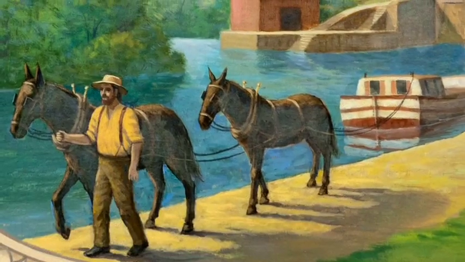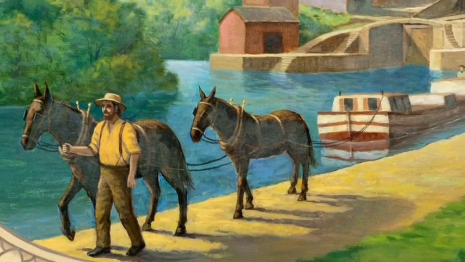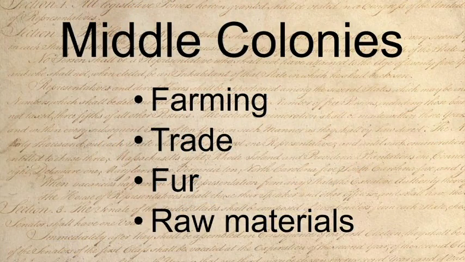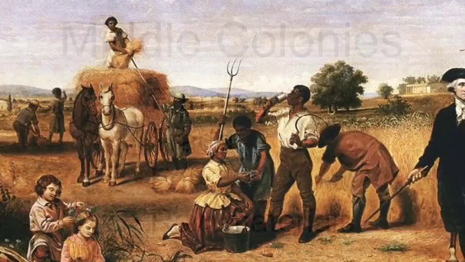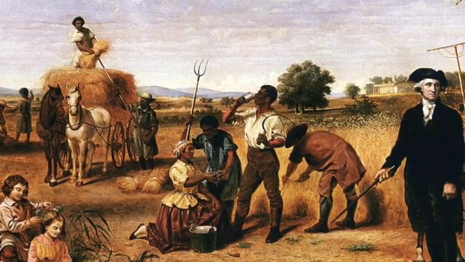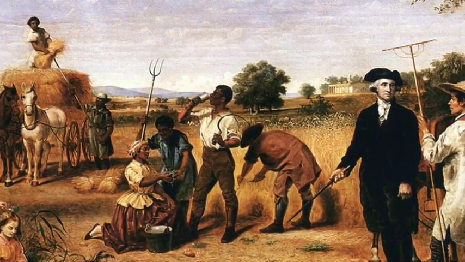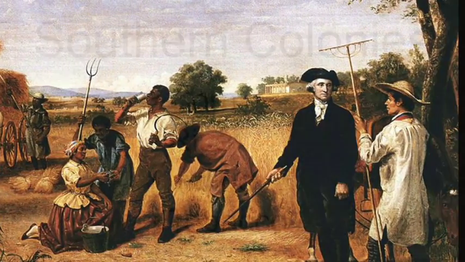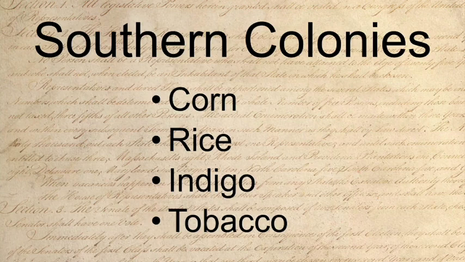The middle colonies had a greater variety of farming opportunities, as well as river and international trade that included fur, livestock, and other raw materials. In the southern colonies, plantation farming was a common way of life. Some of the southern colonists apparently expected to find gold and diamonds to send home to the mother country. Instead, they wound up producing crops that included corn, rice, indigo, and tobacco for exports.